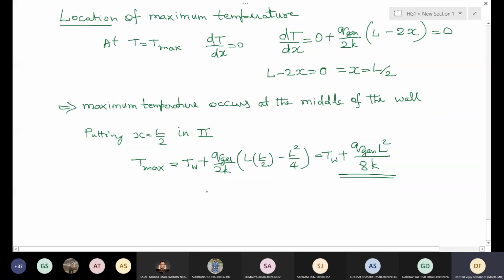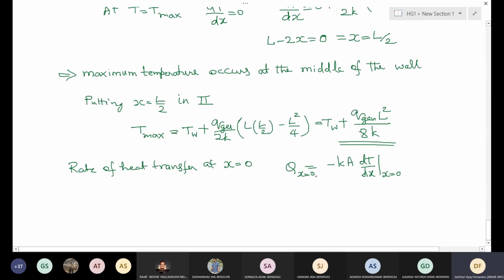And you can now calculate the rate of heat transfer at x equal to 0 and at x equal to L. So how we can estimate that: Q at x equal to 0 equals minus KA dT/dx at x equal to 0. So we have that dT/dx here at x equal to 0.